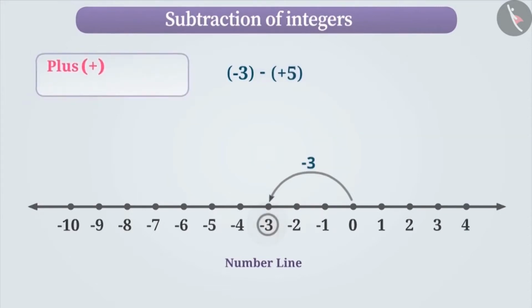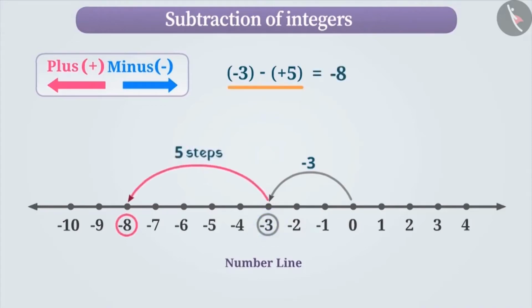And if the sign is negative, then we move towards the right side of the first integer. In order to subtract, mark minus 3 on the number line, which is 3 steps towards the left of 0. Now, since we need to subtract the positive integer plus 5, we move 5 steps towards the left side of minus 3, thus reaching minus 8.